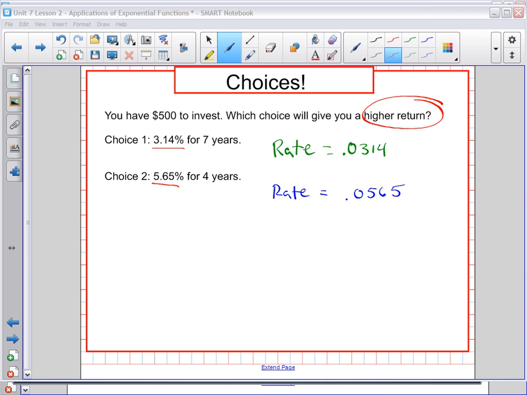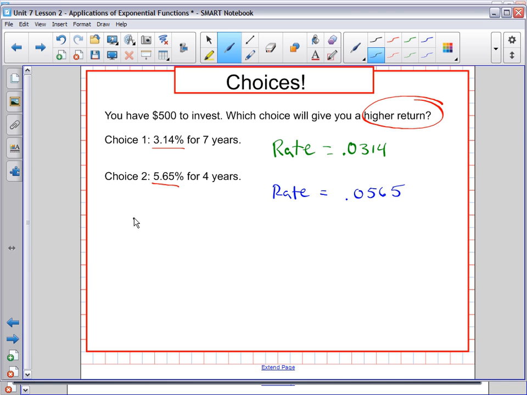Hopefully you figured out that the growth rate for each of these problems is its percentage expressed as a decimal. So for choice 1, we would take our initial value times 1 plus the rate, and then we would raise that to the 7th power.